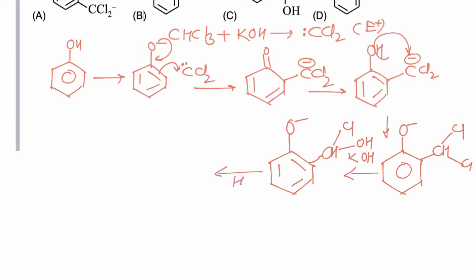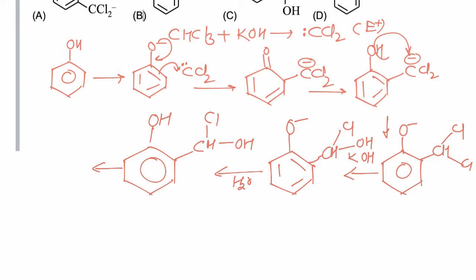In aqueous medium, phenoxide ion will again be converted to phenol, and Cl and OH are attached on the same carbon. Now Cl and OH on the same carbon will be unstable and it will remove an HCl molecule, so salicylaldehyde will form as a product.